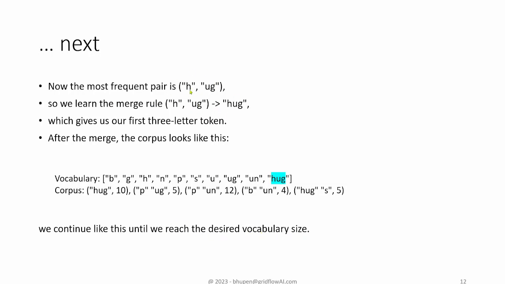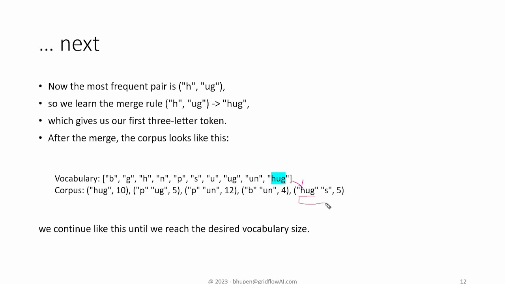For example, in the third iteration, HUG is the most frequent, so HUG will be added to the vocabulary, and we also transform the corpus where HUG was separate. Now, because HUG is one token, we make it one token here.